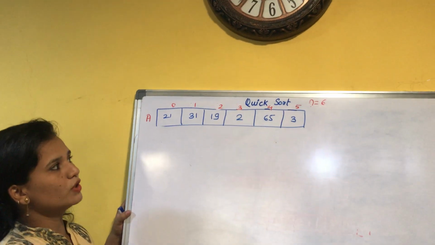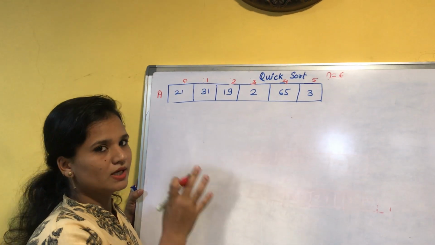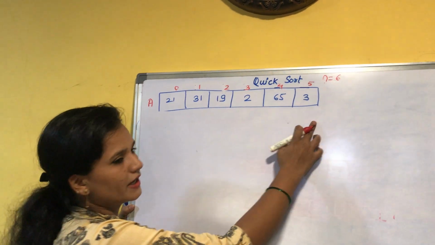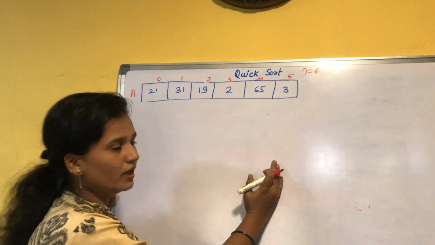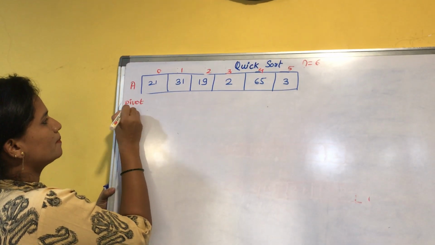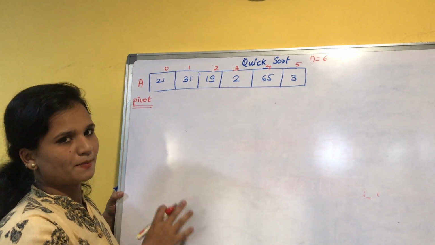Now according to the quicksort algorithm, as I have told you, it follows the divide and conquer technique. So we are going to divide this array into sub arrays. But how? Firstly you have to choose one element as a pivot element. Any element you can choose at random as a pivot element.